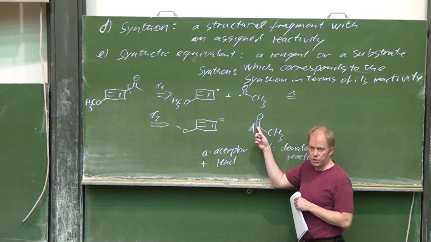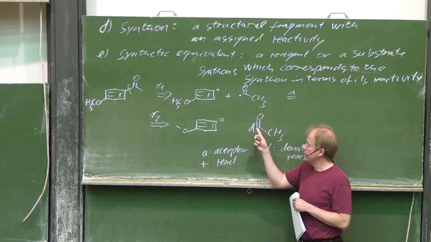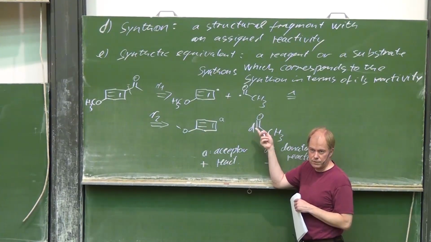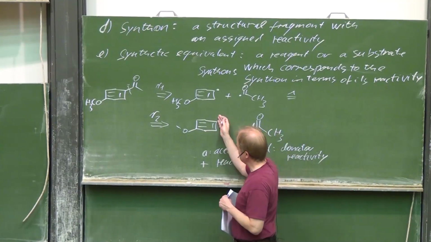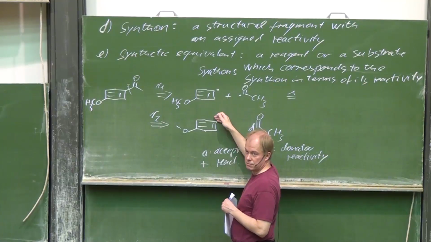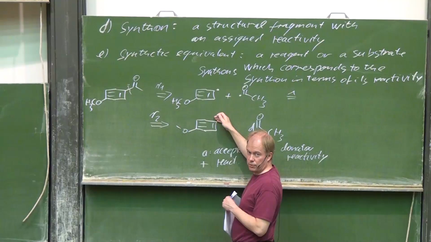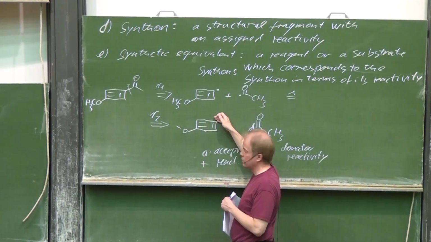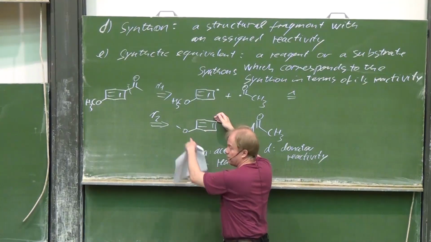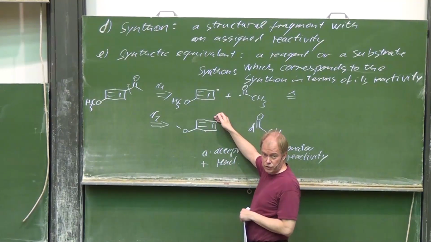So, the natural reactivity of a carbonyl group here is not a donator reactivity but an acceptor reactivity. On the other hand, this structure represents an electron-rich aromatic system with a plus M effect of that methoxy group.